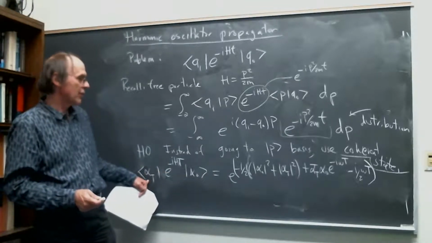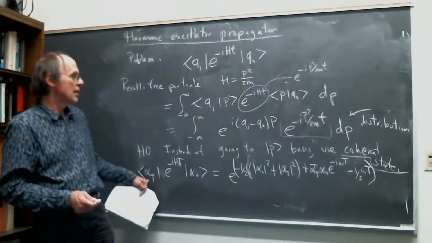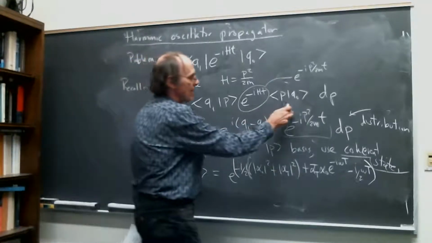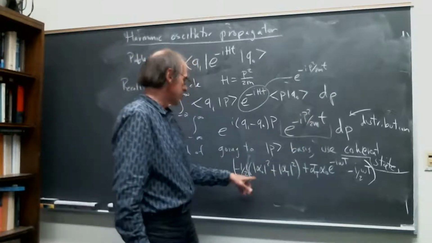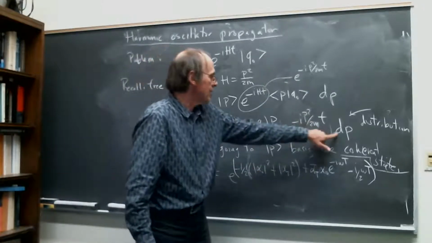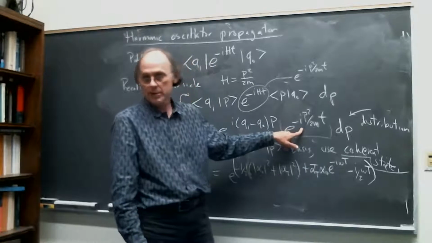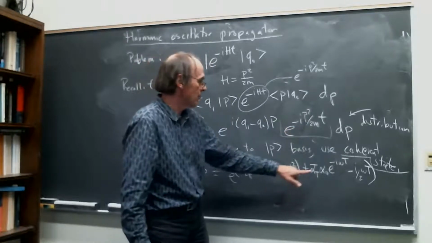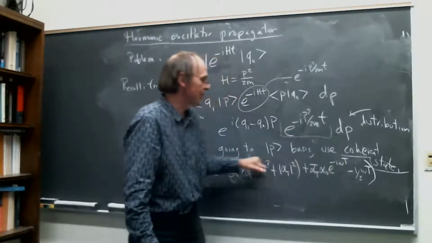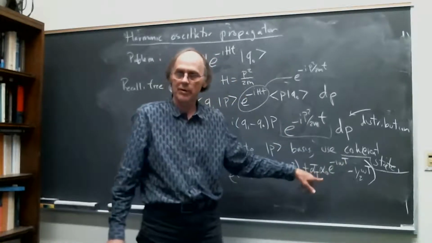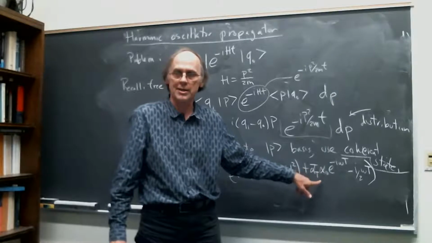So you end up with a fairly horrible calculation. In the P basis, the Hamiltonian is fairly simple; it's just this phase factor, but here it's a much more complicated mess.